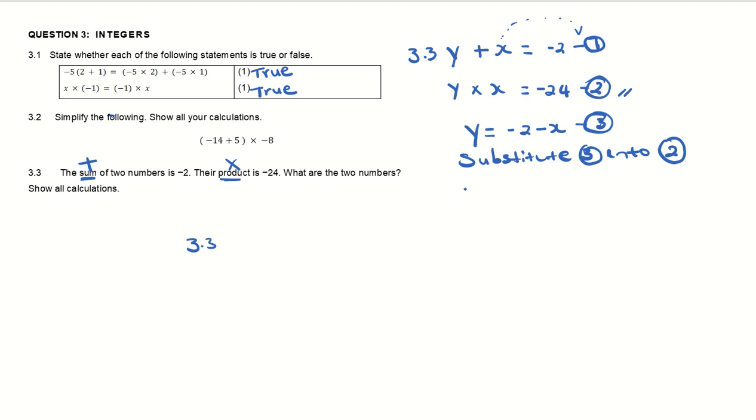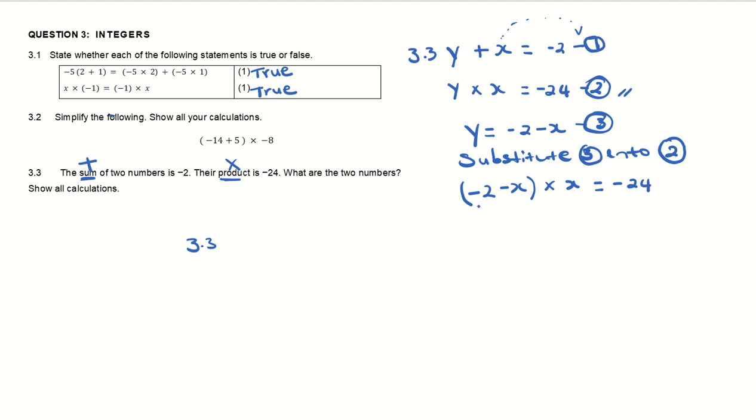That means where we have y, we want to put negative 2, negative x. So we have negative 2, negative x. Let's put that in brackets. And we want to multiply that by x. Okay? And the other side is just negative 24. That's the other side of equation 2.